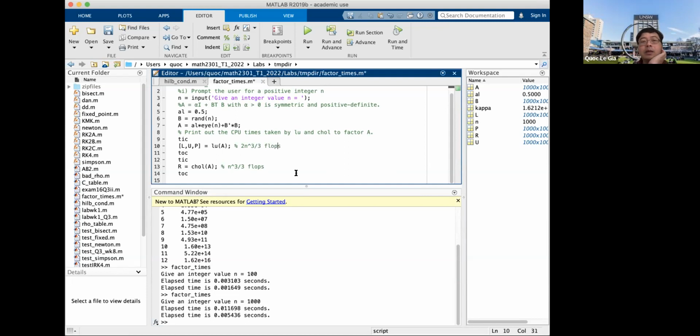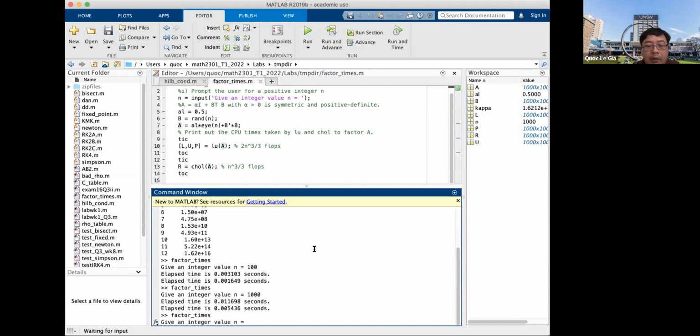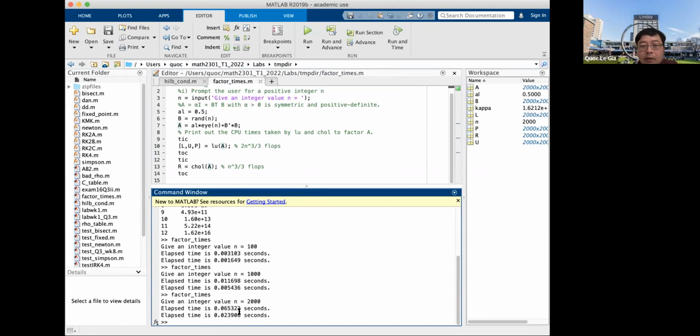So you see the LU factorization always takes about twice the time of the Cholesky factorization. This comes from the theory, and it's verified by running the program as well. You can run a few cases and see that Cholesky is always about 1/2. It's not exactly 1/2, but roughly, because there's a lot of rounding off.